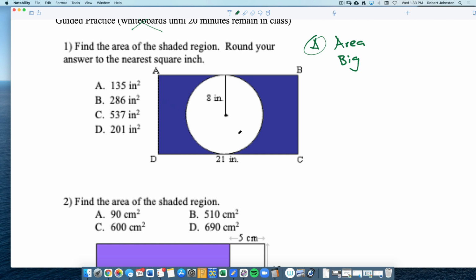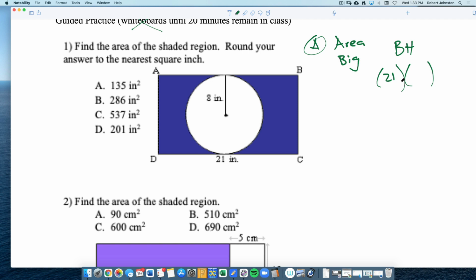If you ignore this scary circle in the middle, what's the big shape here? A rectangle. How do you find the area of a rectangle? You could say length times width or base times height. So what is the base? We know the base is 21. But here's the challenging part, Audrey. How tall is that thing?